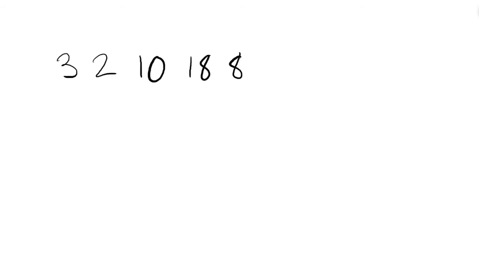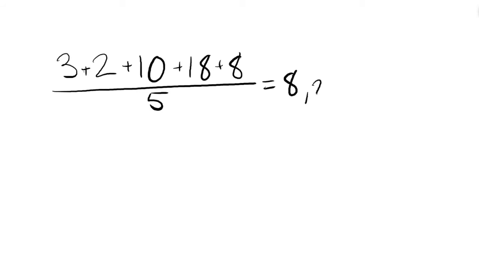So if you would just be asked, take an average of these numbers, what you would probably do, and which is correct also, is to just sum them up and divide by the number of numbers we have, which is 5. And that would give us 8.2, which is our average in this case.